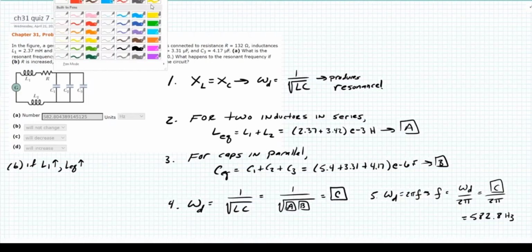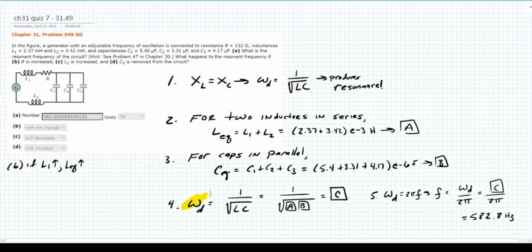This is my resonant frequency right here. Oh, B, if R increases. Sorry, I looked at C. If R increases, so let me erase this.